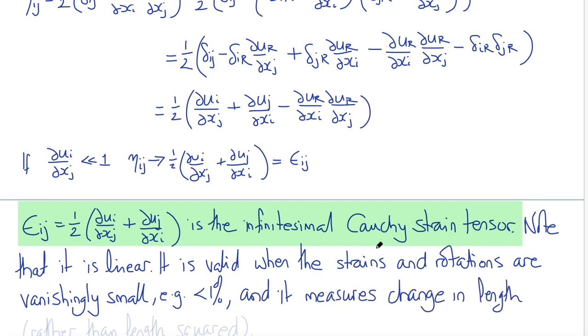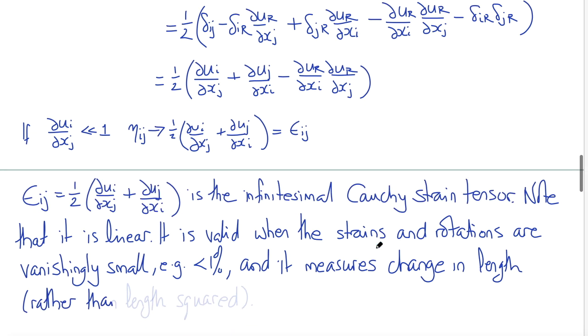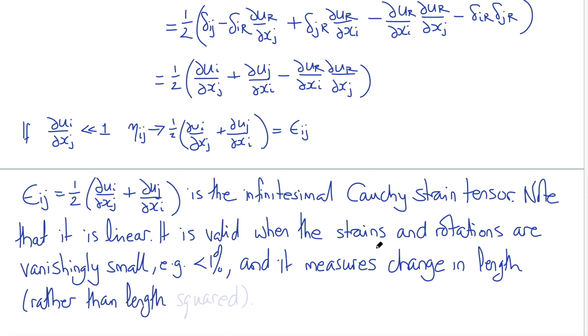But even if the length changes were small, but the rotations were large, then the Cauchy strain could be erroneous, because it would incorrectly reflect rotations as though they were a length change.